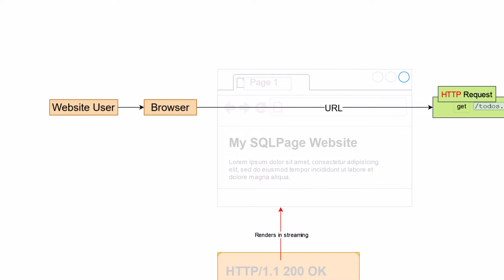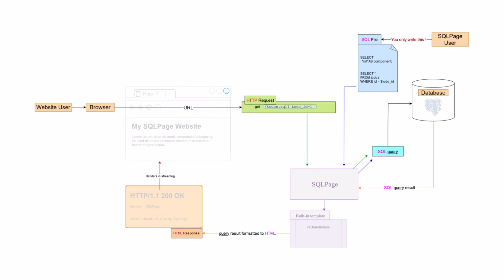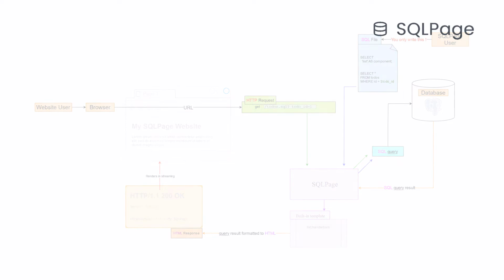The results processing and template rendering happen in a streaming fashion, so you can display even very large datasets with minimal resource usage. The SQL parameters binding logic is simple but quite powerful.